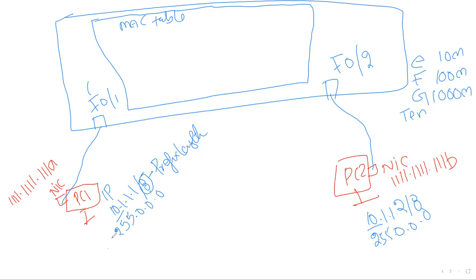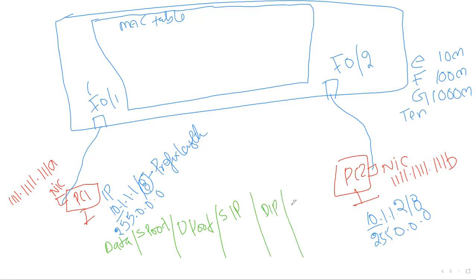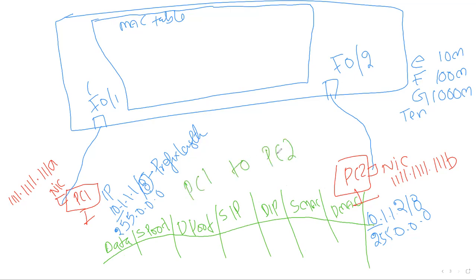It must have data, then source port, destination port, depending upon the application that we're going to use. Then source IP, destination IP. Then source MAC, destination MAC. This is the minimum that is required to transfer data from PC1 to PC2.